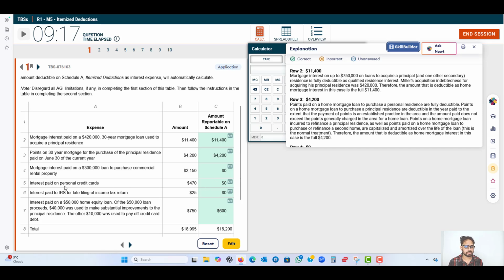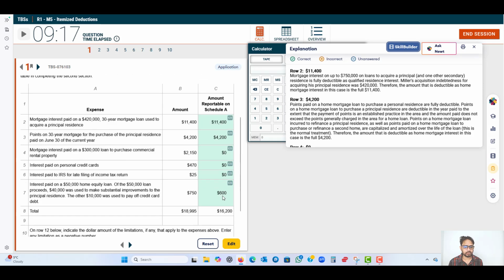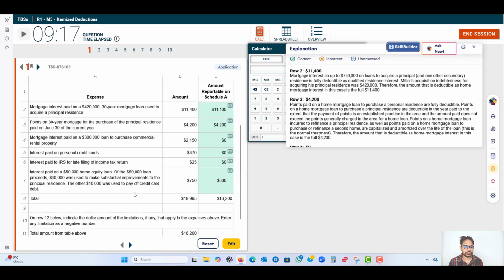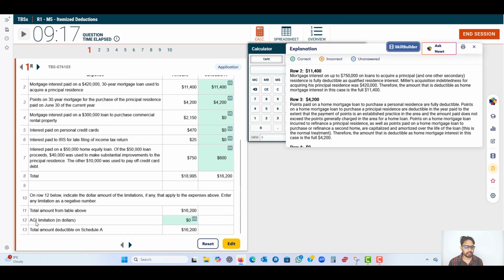Interest paid on personal credit card is not deductible. Interest paid on IRS late filing penalty is also not deductible. And this is partially deductible because some of the interest paid on credit card is actually not deductible. And AGI limitation, there is no AGI limitation, so it should be 0. AGI means adjusted gross income.